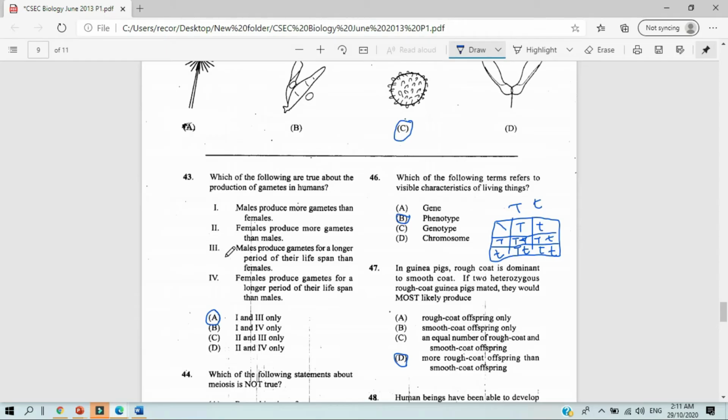And I chose 3. Males produce gametes for a longer period of your life than female. Yes, that is true. In most cases, I think the oldest woman I have heard of, I'm not too sure, is about 78, having a child.